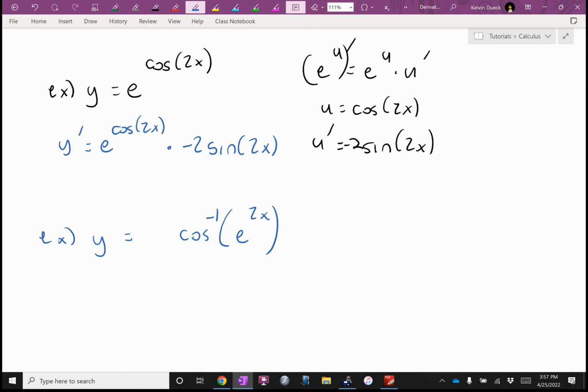Alrighty. So, inverse cos. What is the derivative of inverse cos? It's on the back page. Oh, it's also on the front page. So, yeah, it shows up twice.